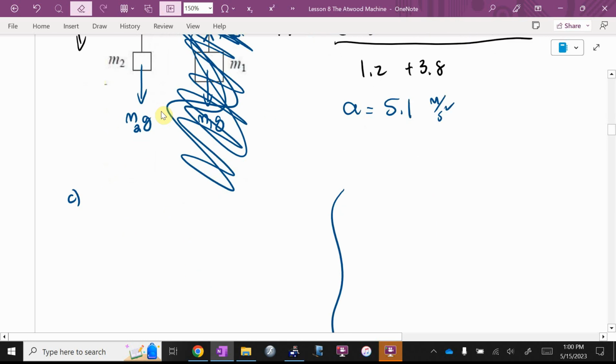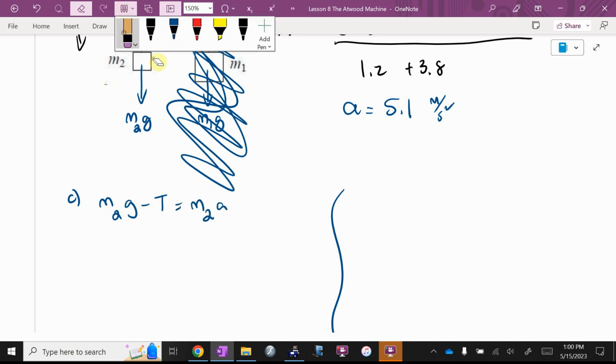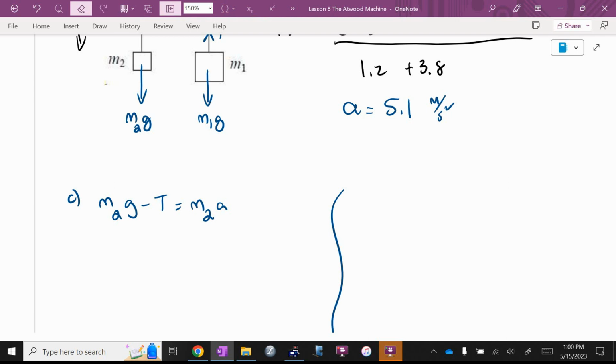What's that going to equal? M2A. Okay? So I'm going to go M2G minus tension equals M2A. How would I get the tension by itself? What's right in front of the T that I don't like? Swappy dance. Plus that there, minus that there.